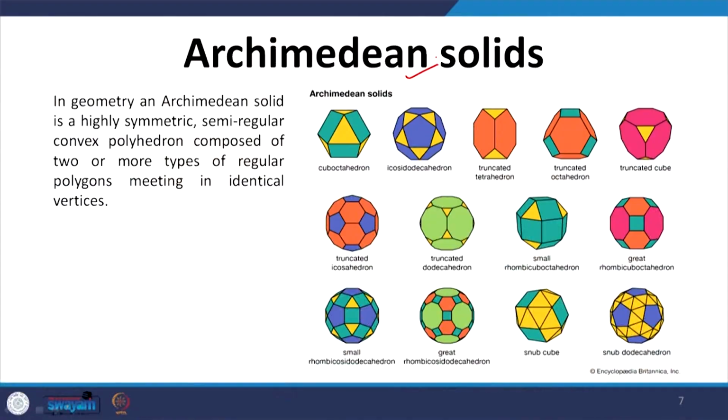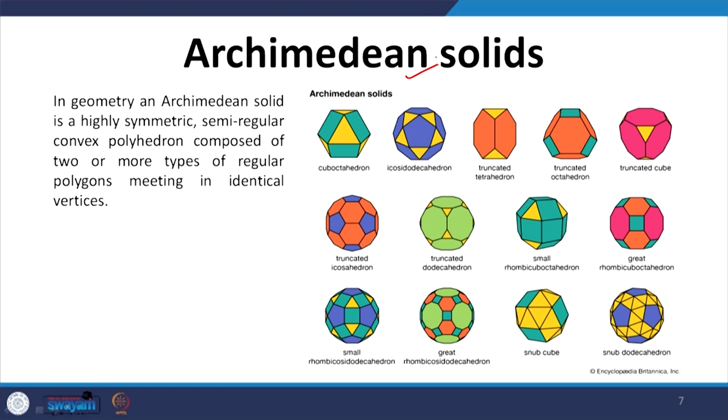The next one within polyhedra is Archimedean solids, and as the name suggests, these solids were defined or identified by Archimedes. There are 13 such solids, which are called Archimedean solids, and an Archimedean solid is slightly different from a platonic solid.